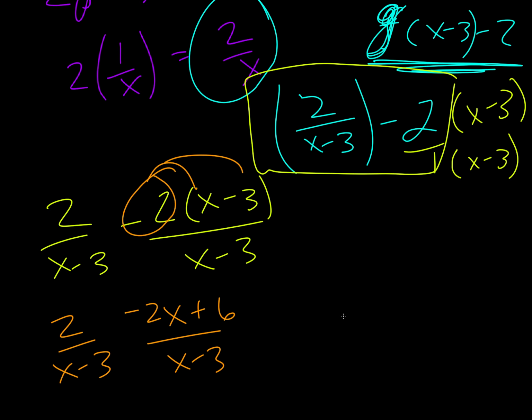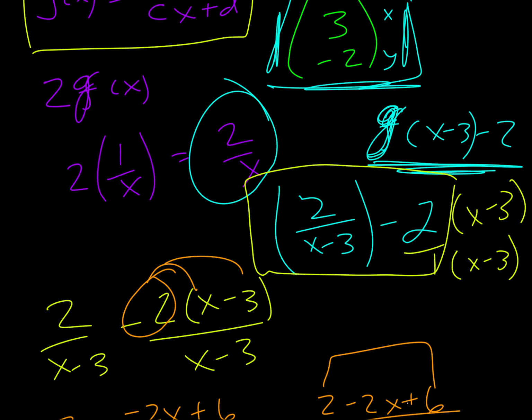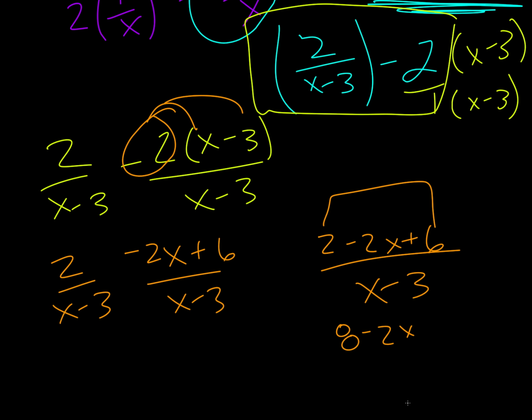And now we can put that all over one fraction. These two become 8. So 8 minus 2x over x minus 3. And then it asked specifically to have the x's come first, so negative 2x plus 8 over x minus 3.